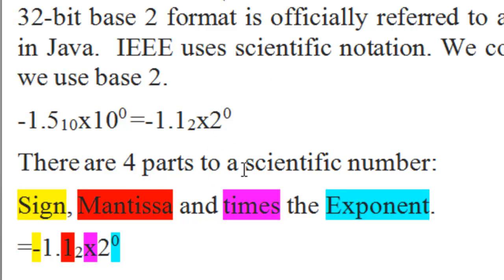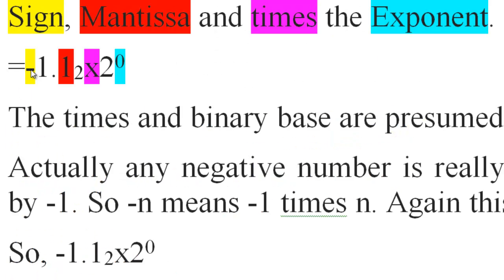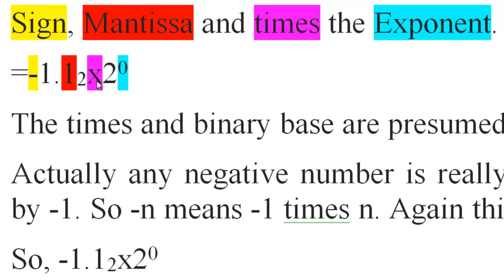So there are 4 parts to a scientific number: the sign, the mantissa, the times, and the exponent. In this example here, we show by colour. The sign here is shown in yellow, and the mantissa shown in red, and the times shown in purple, and the power shown in cyan. And we can map the components to their colours.